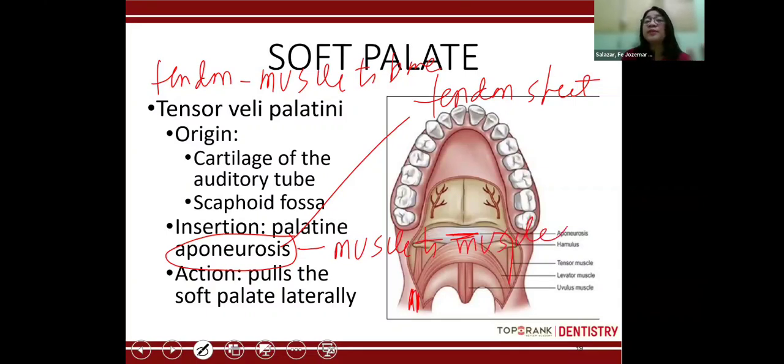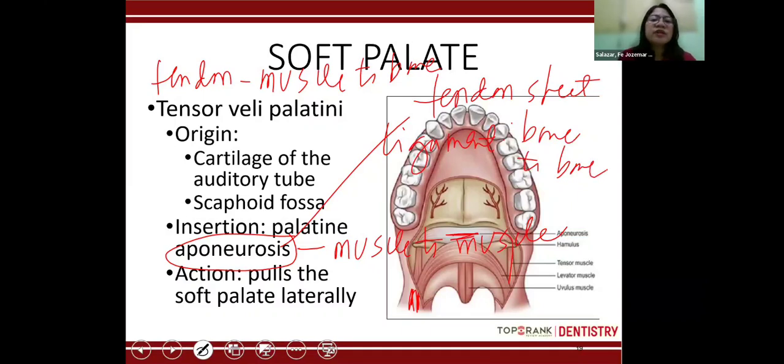So that's the specific function of an aponeurosis. A tendon will connect a muscle to a bone, while an aponeurosis will connect one muscle to another muscle. How about a ligament? What's the function of a ligament? It connects, yes, very good, a bone to another bone.